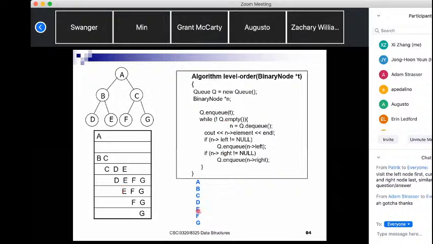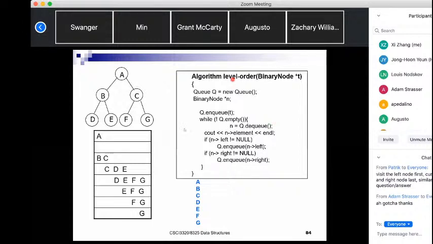If you repeat that process, you can print everything in level order. The pseudocode is given here. What you need to do for the programming assignment is just implement this pseudocode for one of the functions of your algorithm programming assignment.